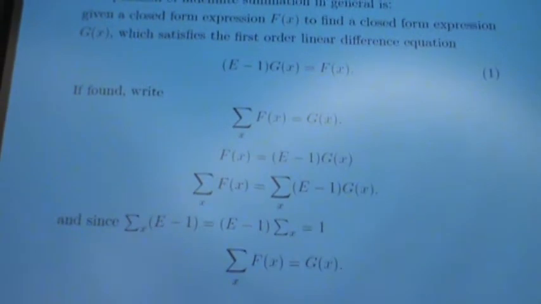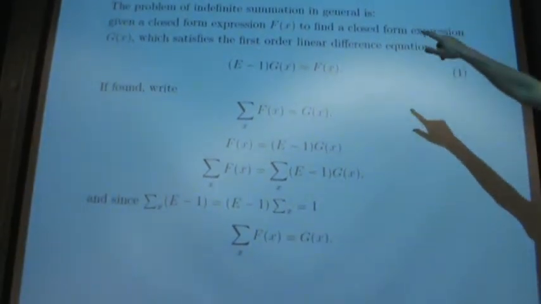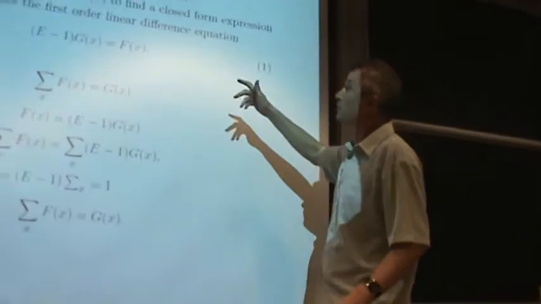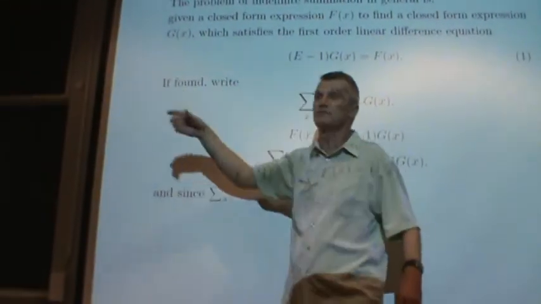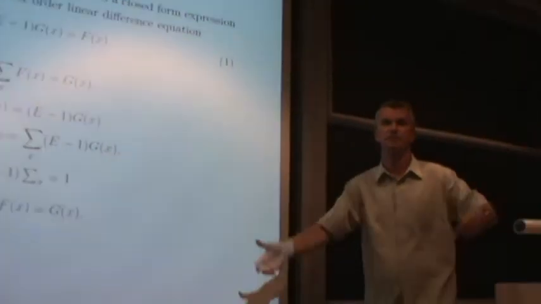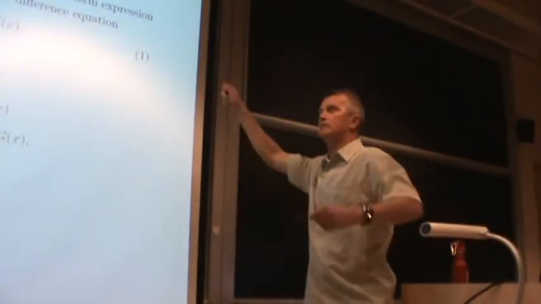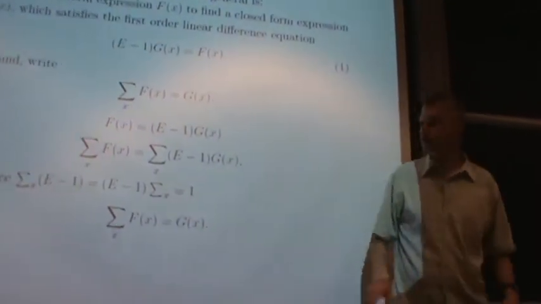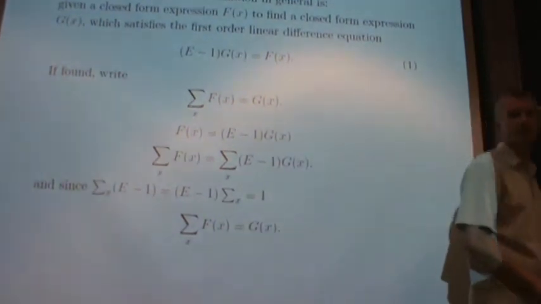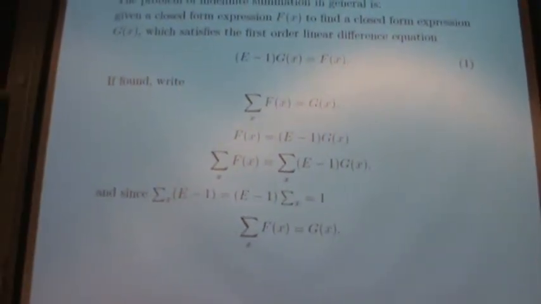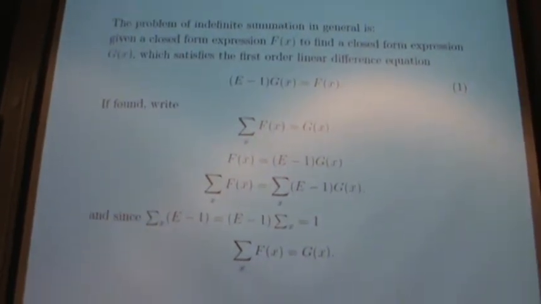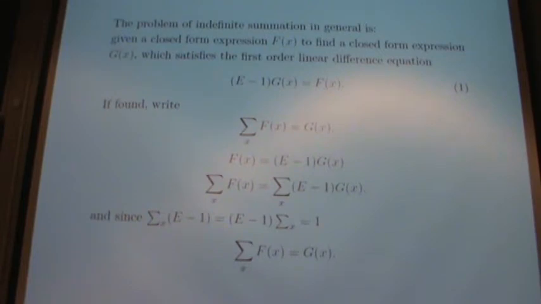The same thing. Now it's time to actually say what kind of expressions we have in mind. We are looking for a closed form expression g. What does it mean? What do we actually want? We have a summation problem, sigma over x of f of x, and we want to know what is on the right. If we just want to get rid of this indefinite summation sign, there is a very easy trick, applied to different summation problems, starting with Yegorachev's books and even earlier.